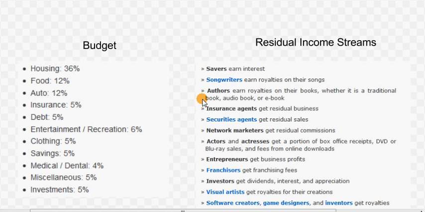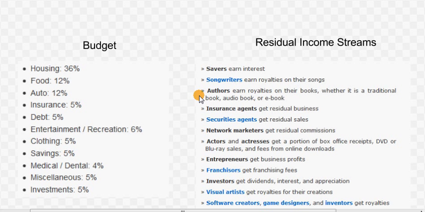Okay, the same thing happens if you are an author. You can have someone write an ebook for you, or you can write it yourself, upload it to sites like Amazon.com using their Kindle system, and have somebody basically download that book and then pay you on an ongoing basis.